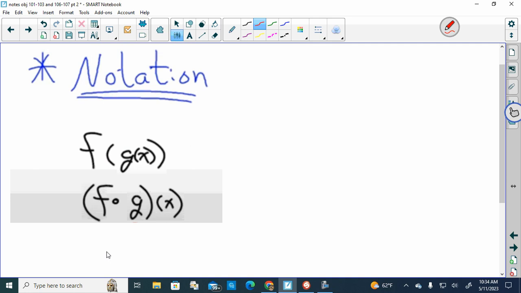Okay, so the only reason why I'm having you write this is both of those things mean the same thing. Not that you're going to remember names, but way back in the 15th or 16th century, when all these math geniuses started coming up with all these things, one created the order of how we plug things in and wrote it one way, like Newton was one of them and Leibniz was the other one.